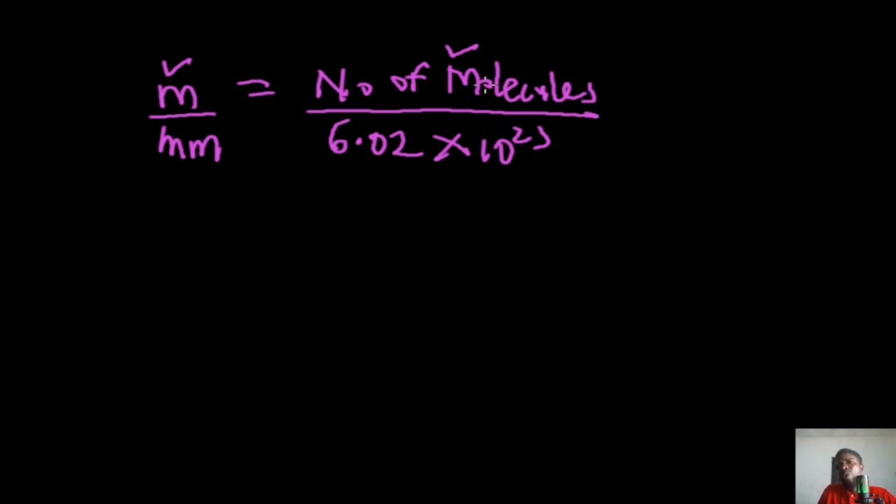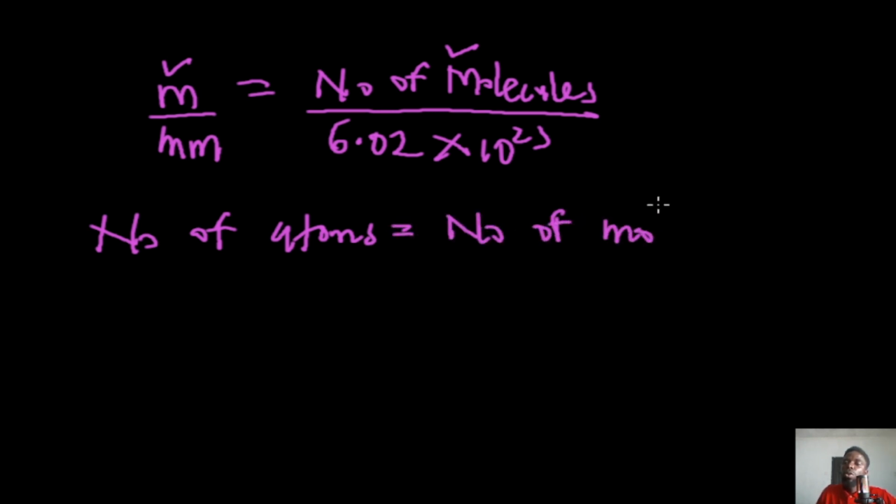So if you have a question where instead of asking you for number of molecules, they ask you for number of atoms, after you have found the number of molecules, you now impute it into the formula: number of atoms equals number of molecules multiplied by atomicity.